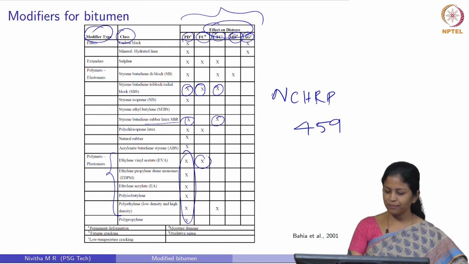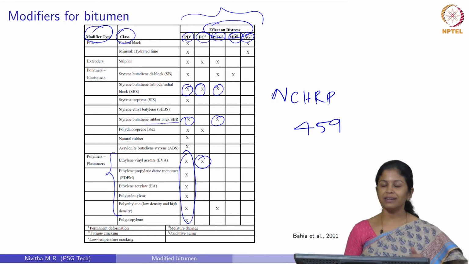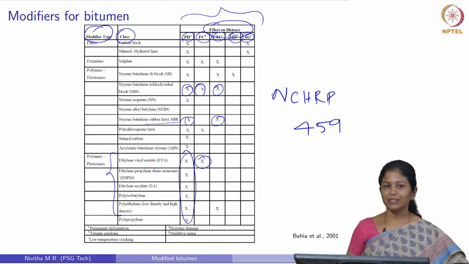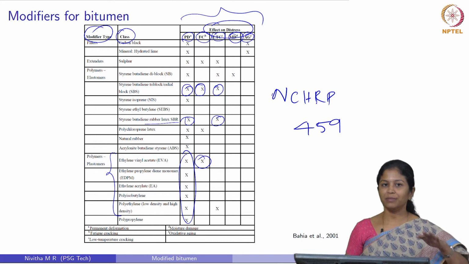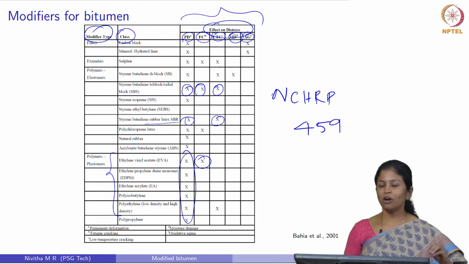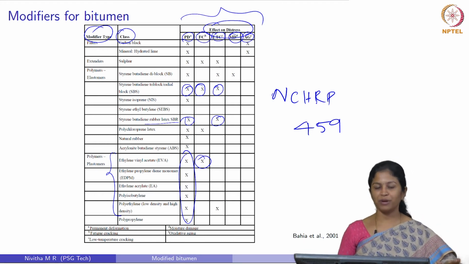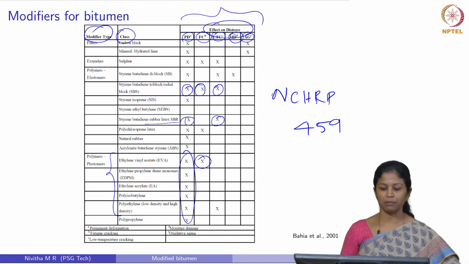Except for ethylene vinyl acetate, we can see that none of the other modifiers improve the low temperature stiffness of these binders. So if you want to use these modifiers, we can prefer these modifiers only for locations where high temperature stiffness needs to be improved, but we need to keep in mind that it does not alter any of the low temperature properties of the base bitumen, right.